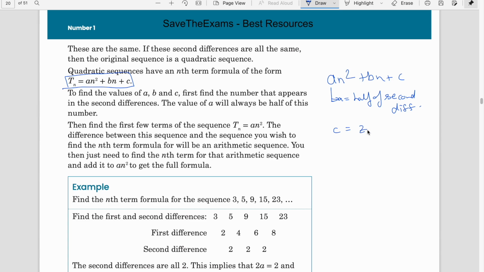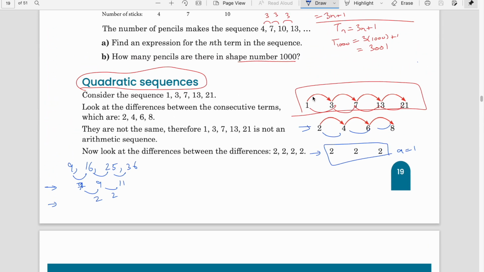C is the 0th term. Now going back again, this is first term, second term, third term, fourth term, fifth term. So how do I get the 0th term?